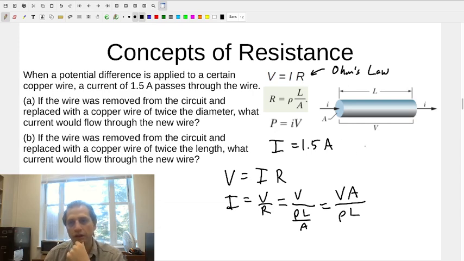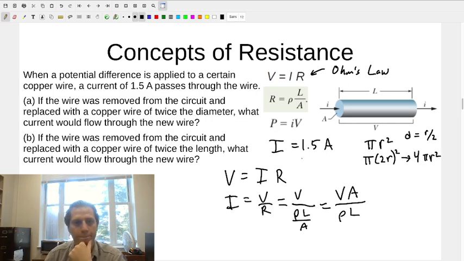So it asks the question, if it were replaced by a copper wire of twice the diameter. So if I go from pi r squared, okay, the radius is d over 2. So if I go twice the diameter, you also get twice the radius. So in that case, I would go pi (2r) squared, and that would be 4 pi r squared.